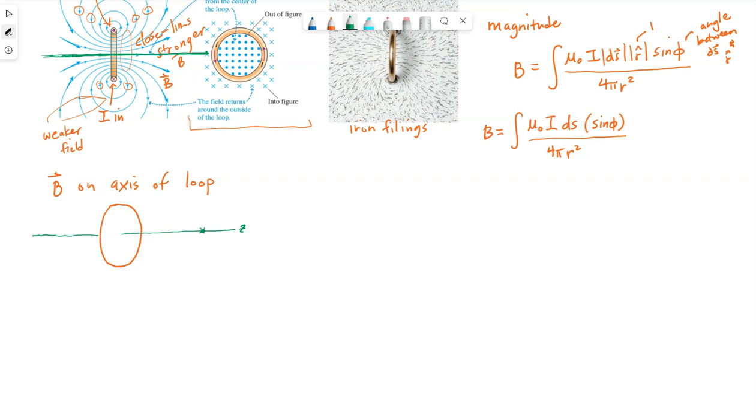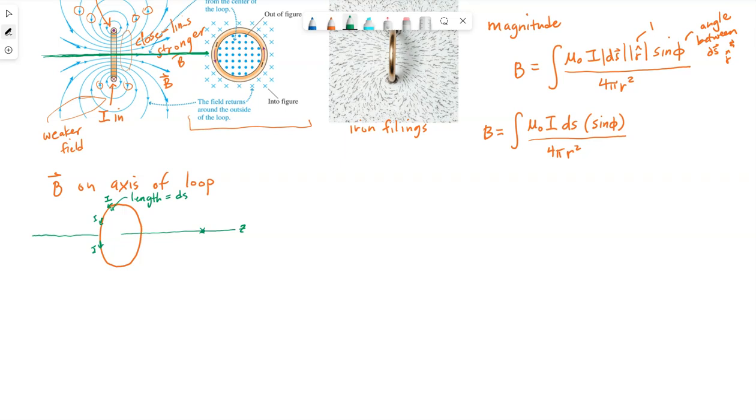So the magnetic field is caused by current flowing around the loop. So we could think of this loop as a whole bunch of little infinitesimally small pieces of current, I. The length of each piece, we're just going to call ds at the moment.